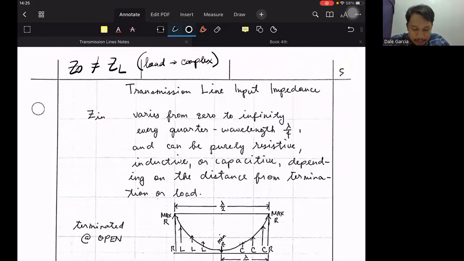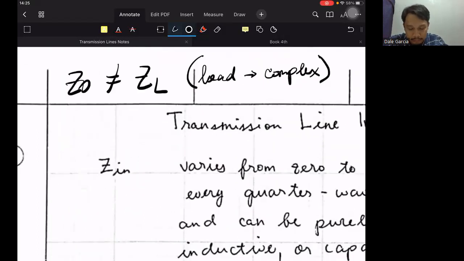But most of the time, di man gina sila necessarily short to go open, but di lang yun match ang load o ang line, no? And more than that, ang load is a complex na value, no?